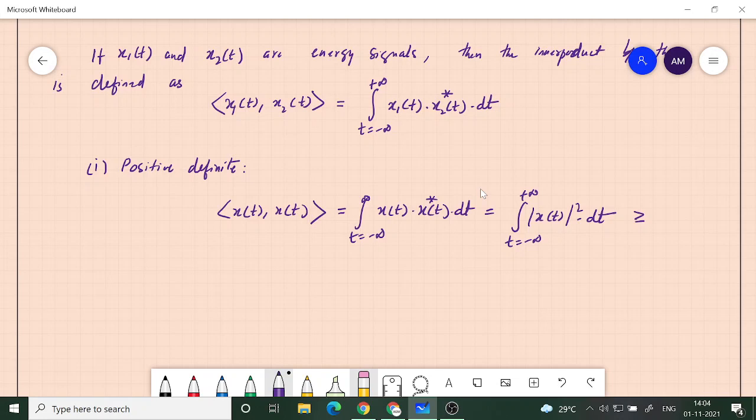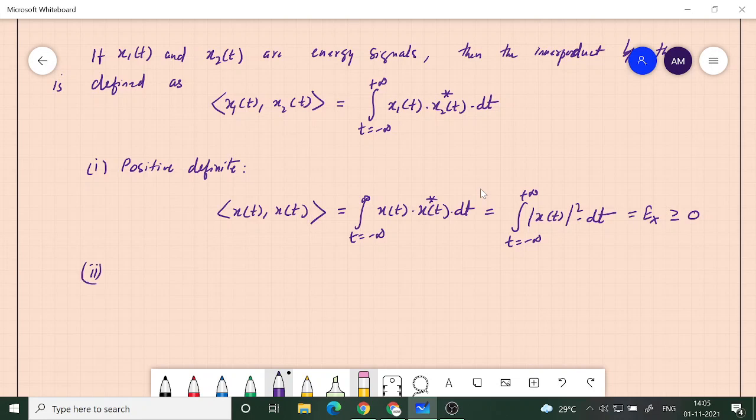There is no complex part here. So if you integrate all the positive values from minus infinity to plus infinity, you will definitely get a value greater than 0, and this is also called the energy of the signal. You can denote this as Eg or Ex, let's say Ex if x of t is the signal, and this energy is always greater than 0.